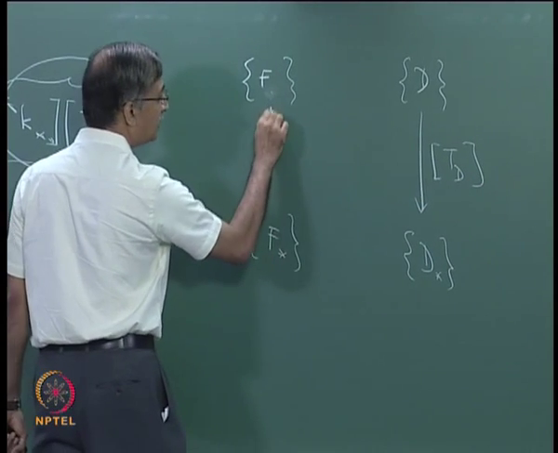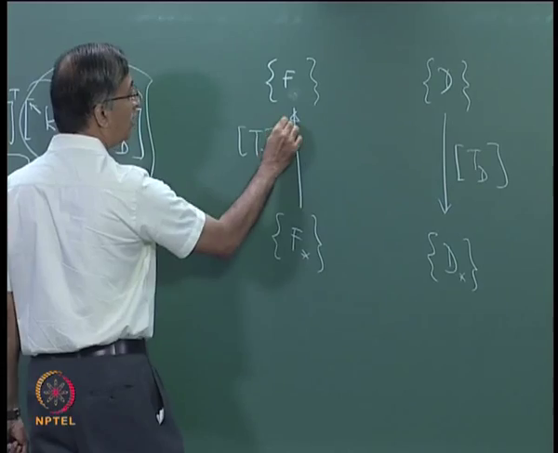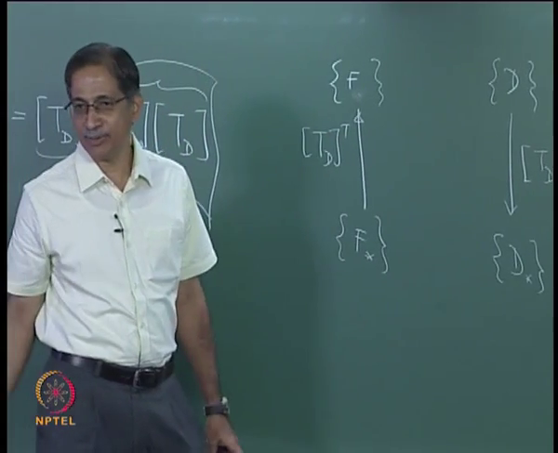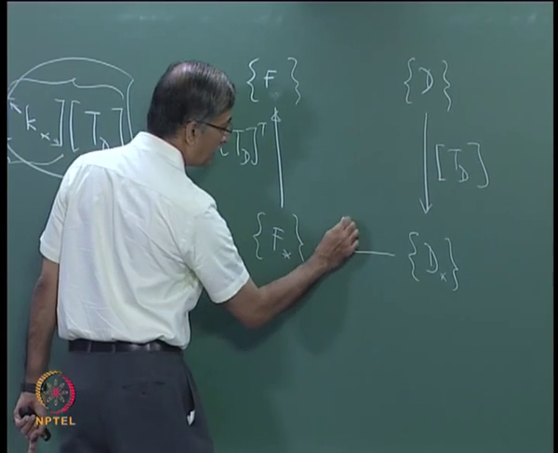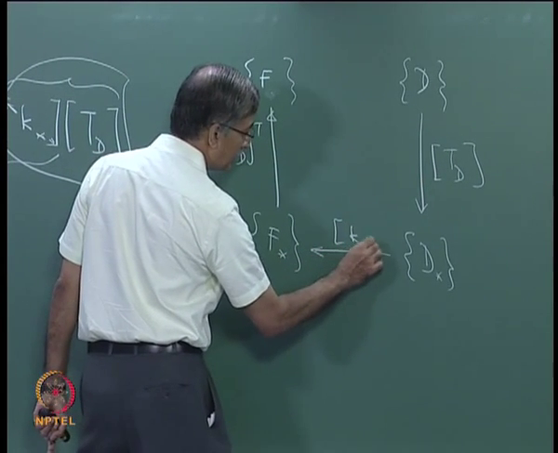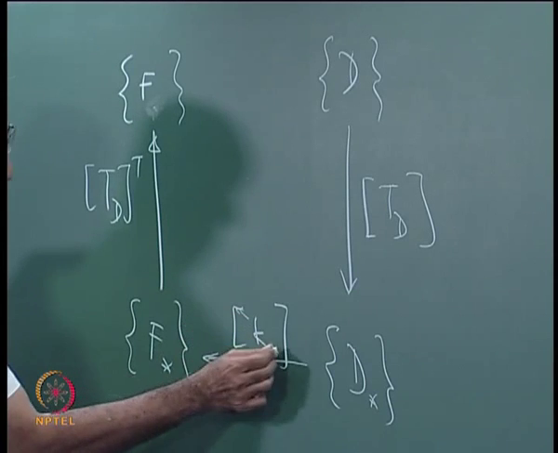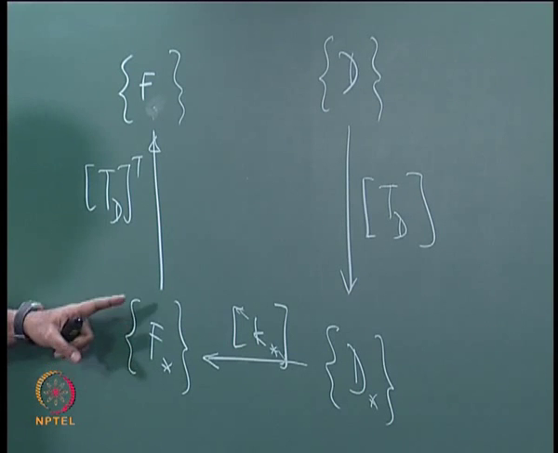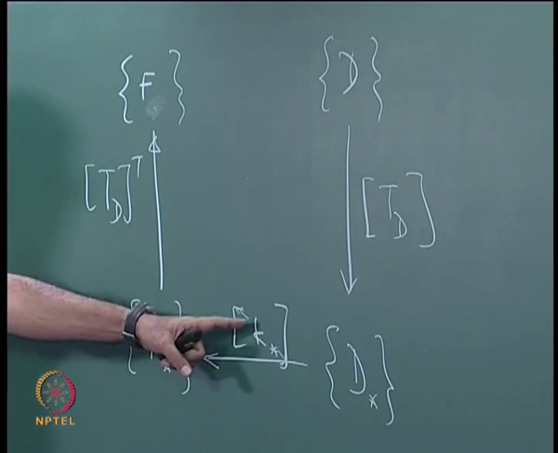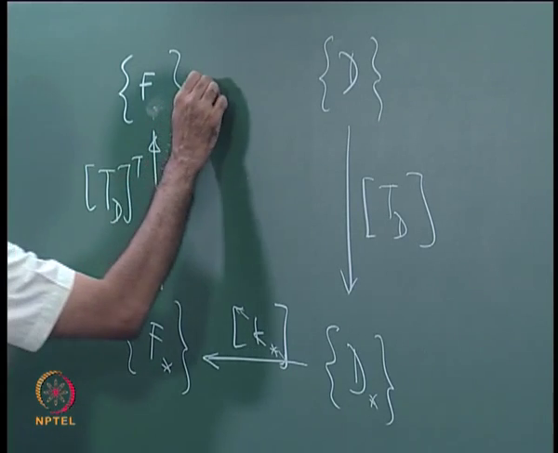What is this principle called? Contragradient principle. What is this relationship? K star. This is an unassembled matrix, so it is a diagonal matrix, right? Because it has as many elements as there are in the structure, all put in an uncoupled manner.